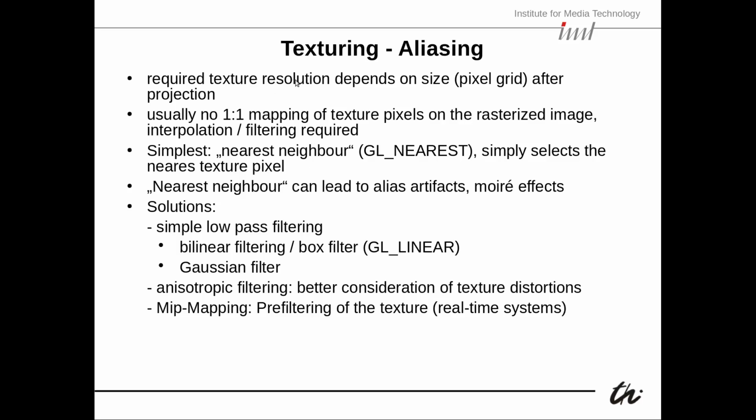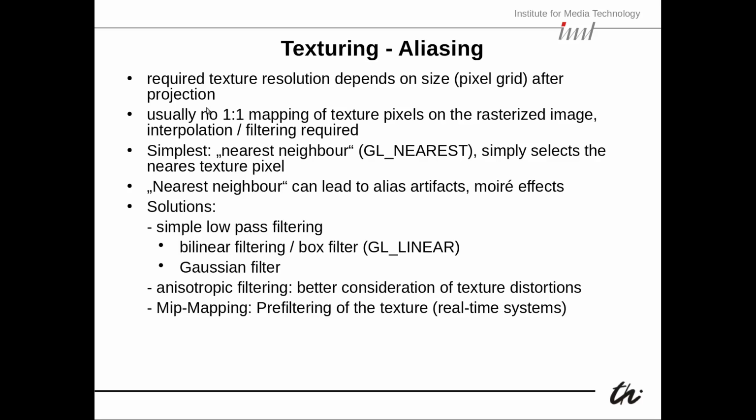But this mapping can also result in aliasing, because the required texture resolution depends on the size after projection. So imagine we have an object, we map texture on it, and then we have a close-up of this object. That shows that in this case we would need a high-resolution texture image in order to avoid us seeing pixels, for instance.